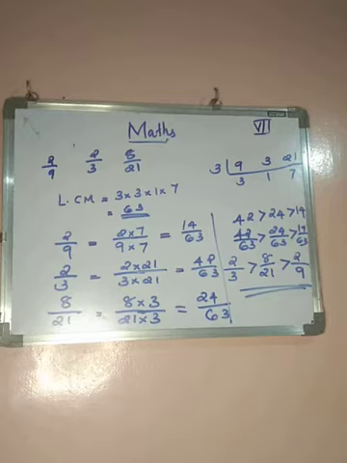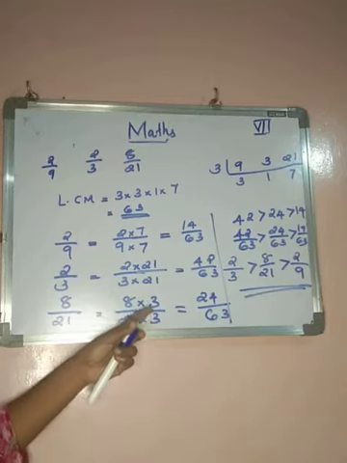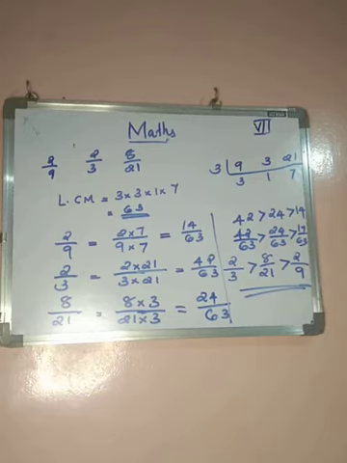The last one is 8 by 21. Converting the denominator 21 into 63, we multiply both numerator and denominator by 3, so the answer is 24 by 63. Then we arrange in descending order.